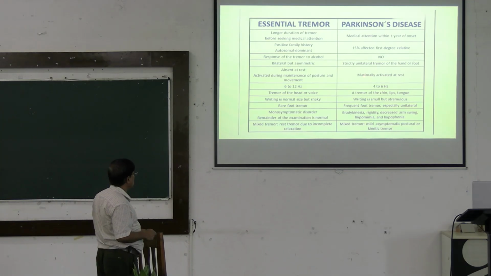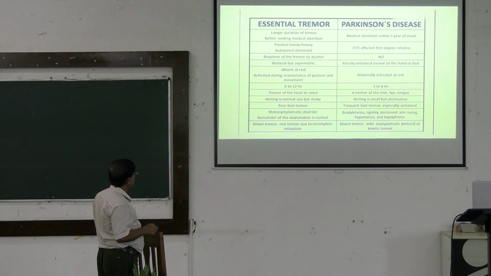Usually they do not involve. Writing is normal size but shaky in essential tremor. Here the writing is small, but the patient can write. Foot tremor is rare in essential tremor, but foot tremor can be frequent in Parkinson's disease. And mixed tremor. These are a few differences between essential tremor and Parkinson's.